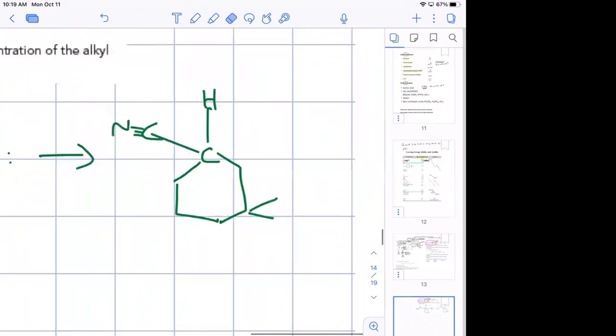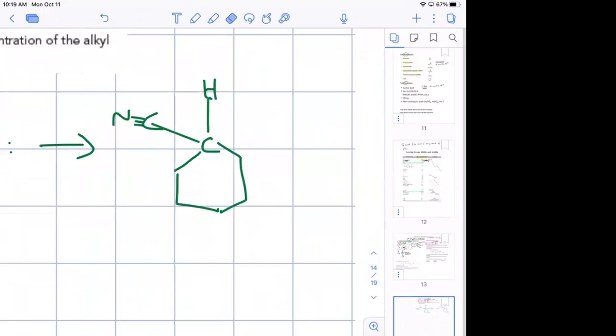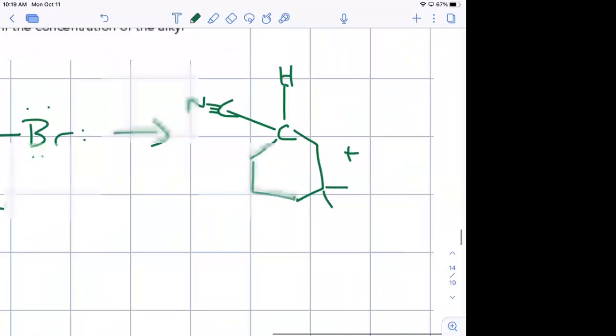All right, so that's the cyanide attacking from the opposite side, and then of course the leaving group is left. So let's put it over here.